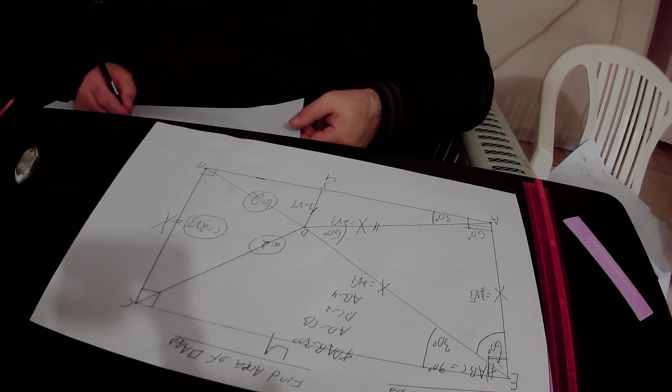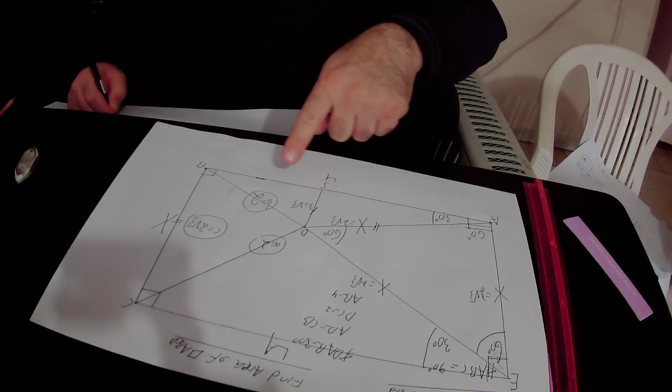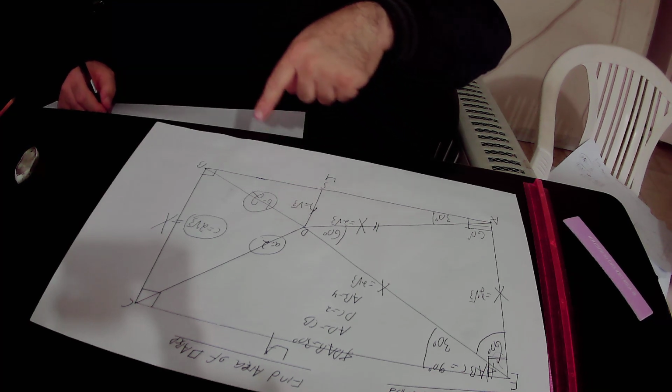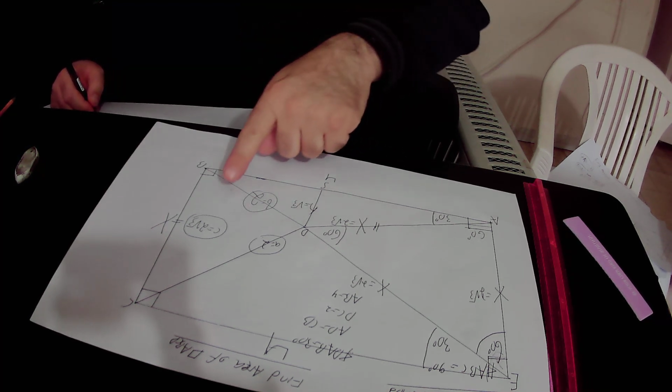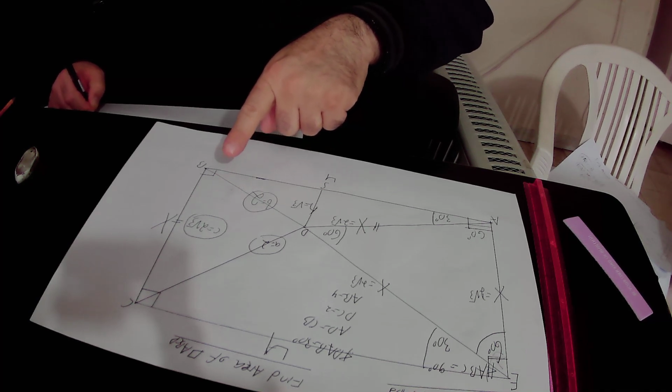So the semi-perimeter of triangle DBC is A is 2, plus B is also 2, plus C is 2 times square root of 3, all divided by 2.